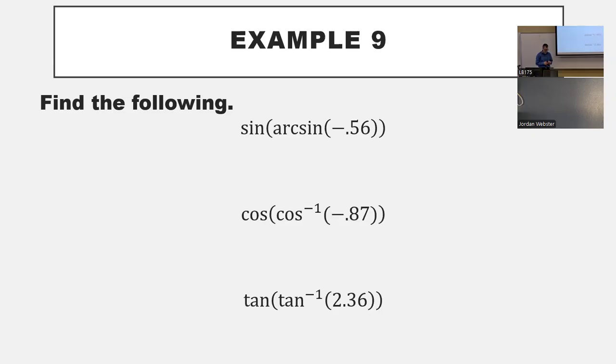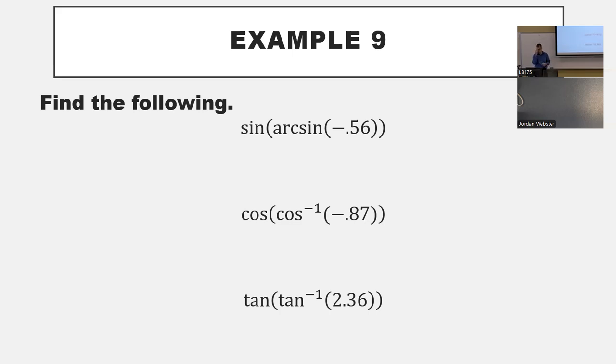As long as we're putting something that's legitimate in the domain, we're good to go. Same thing with cosine. If I have cosine inverse of negative 0.87, then hit that with cosine, I get negative 0.87.